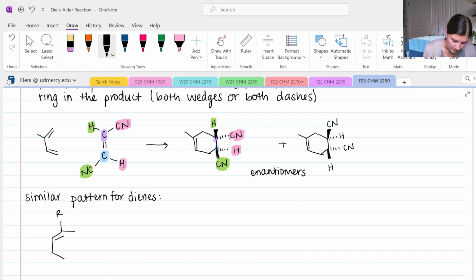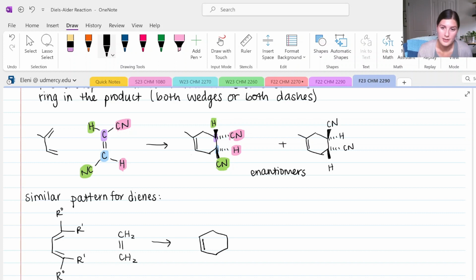We'll say we have 2 R groups, R naught and R prime, for each carbon. And if we just add this to the simplest dienophile, we again get our 6-membered ring with a double bond between carbons 2 and 3.